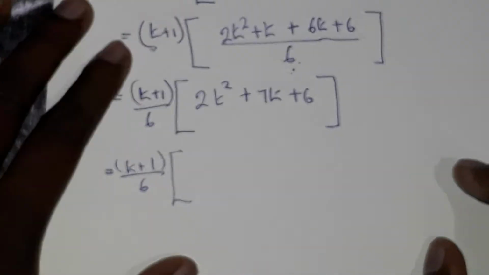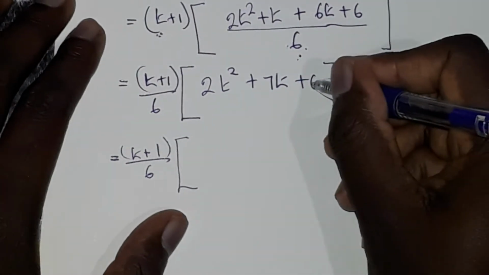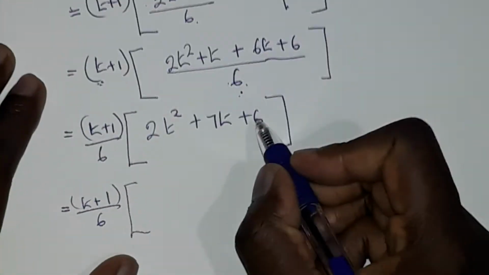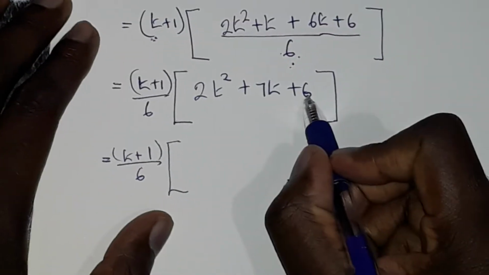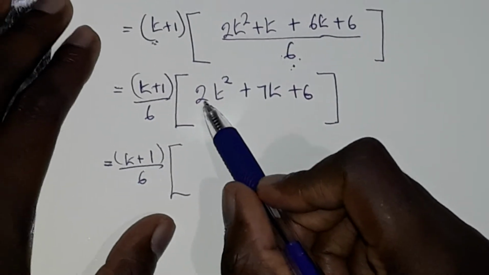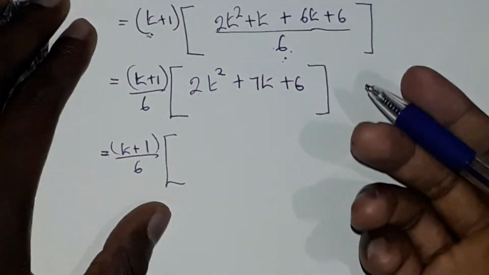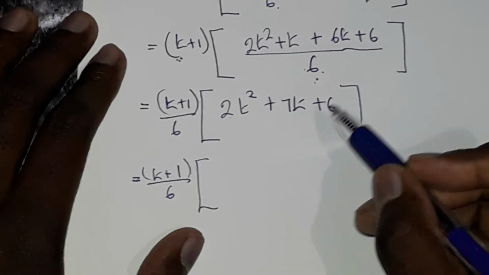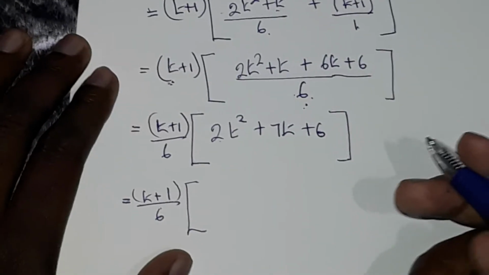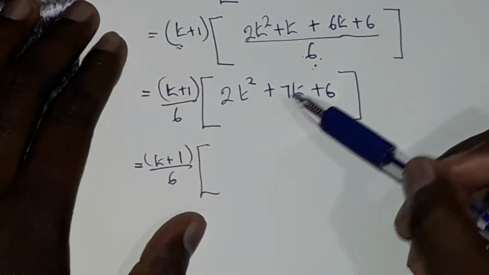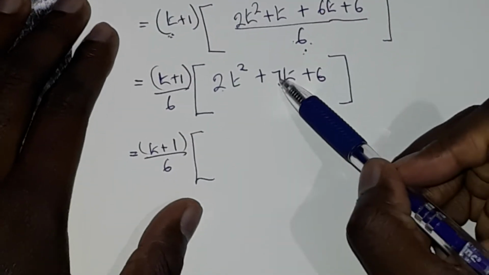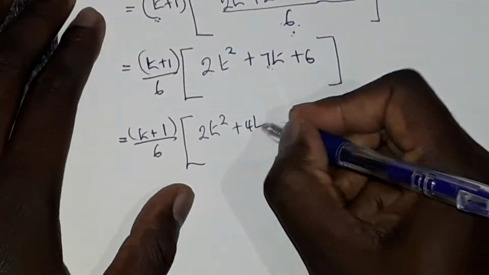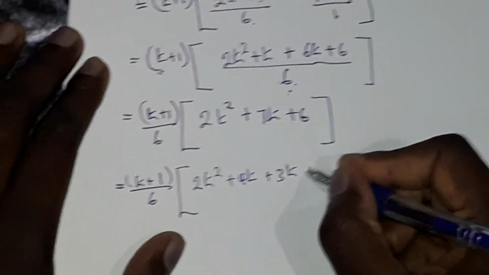So now to factor the quadratic equation, which is rather simple, you should know that, but let's go through it. So you need two numbers. When you multiply 6 times 2, you get 12, and when you add them, you get 7, which is 4 and 3. So what we're gonna do is that 4 and 3 replace the 7k here. So we will get 2k squared plus 4k plus 3k plus 6.